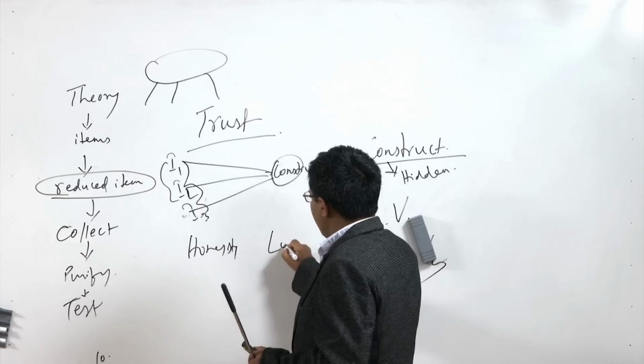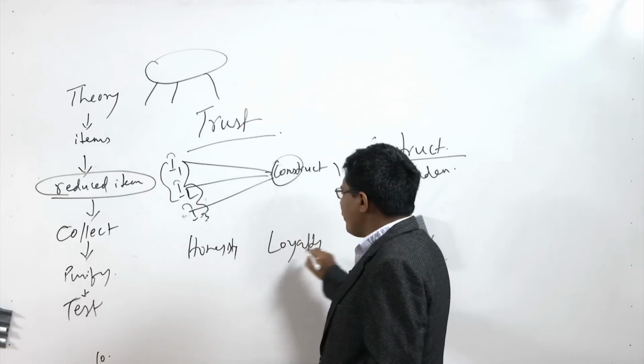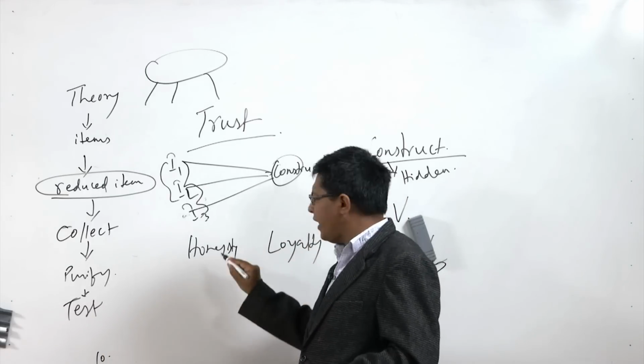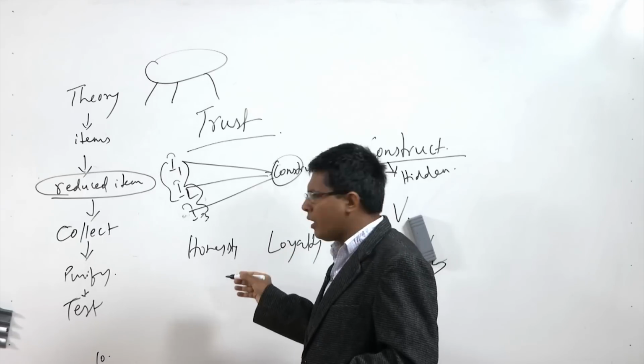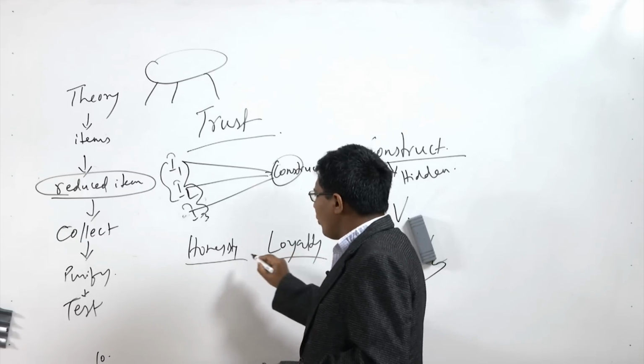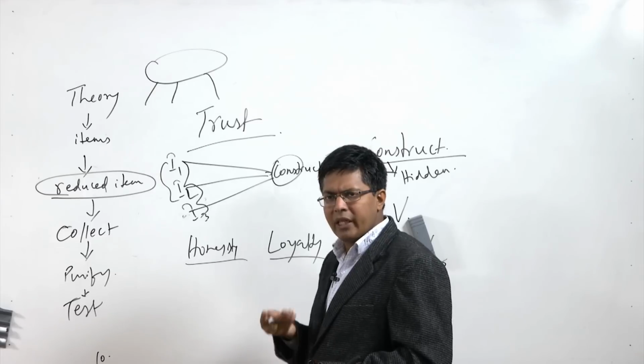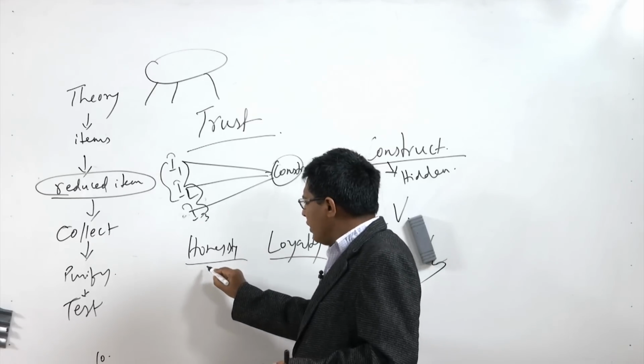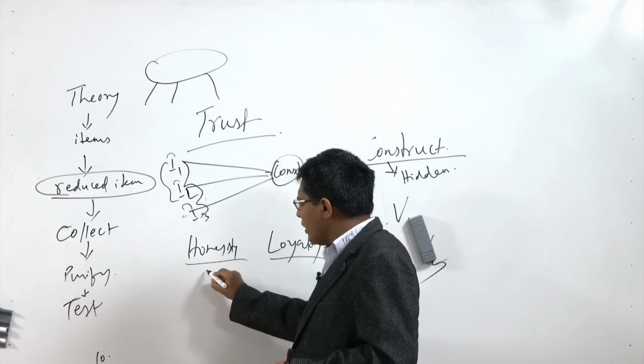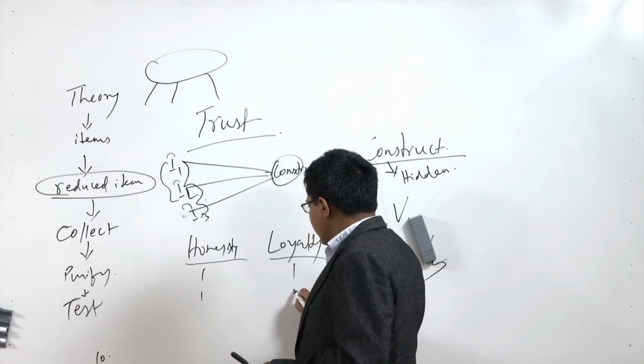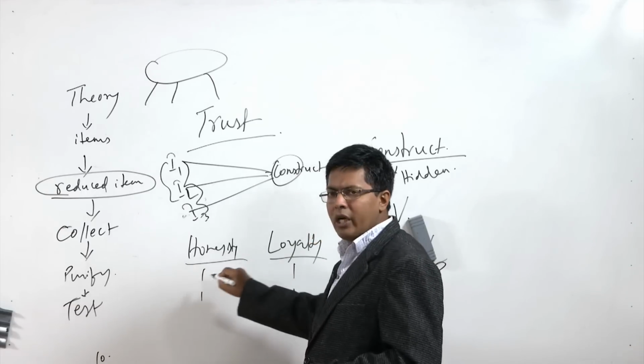Sometimes they look very similar to us. If they are very similar, then the point is, why should we have two different constructs? We can have only one construct, or else the items within the constructs would also have a very strong correlation among them.